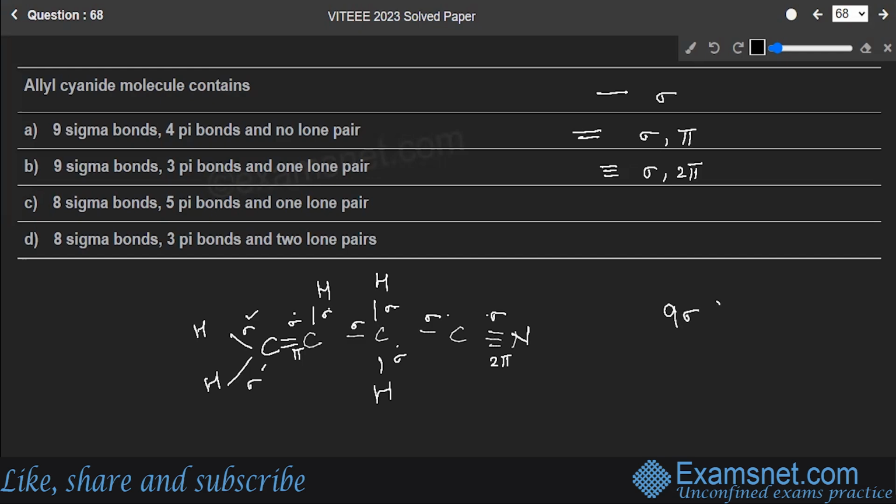So 9 sigma bonds, 3 pi bonds. And about the lone pairs, it has one lone pair of electrons over the nitrogen. So the right answer is option B. Hope you got that. Next is question number 69.